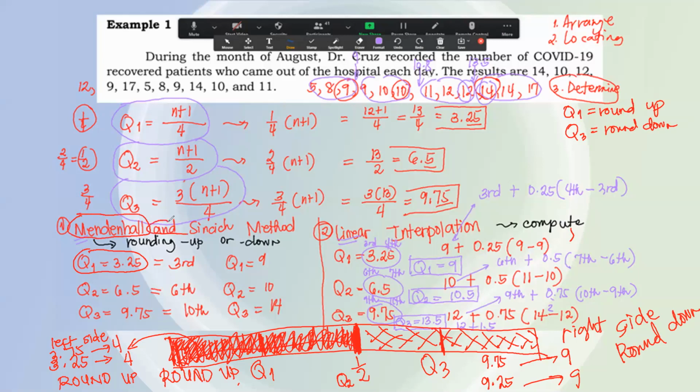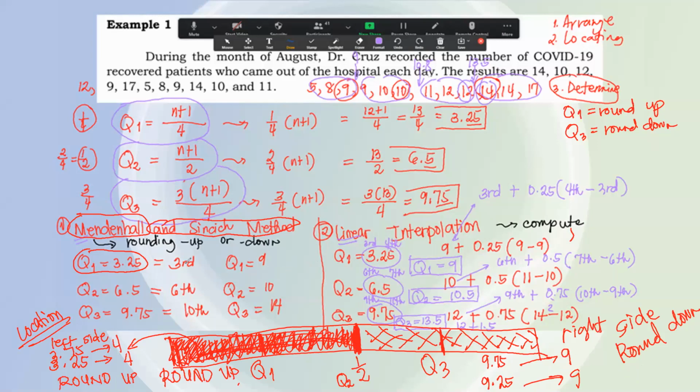Ay, hindi ko sinasama si Sinsich. Mendenhall and Sinsich method: lahat ng nasa 50% pababa ay round up. Yung location to ha, i-round up natin. Pero kapag 50% and up, round down. Okay? Yun po yung sinasabi sa Mendenhall.